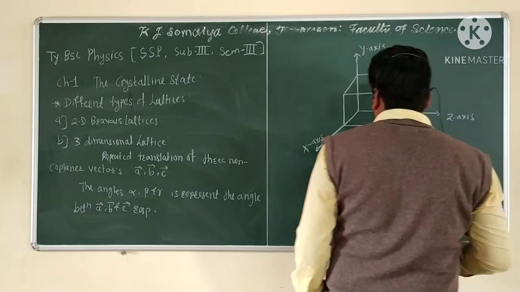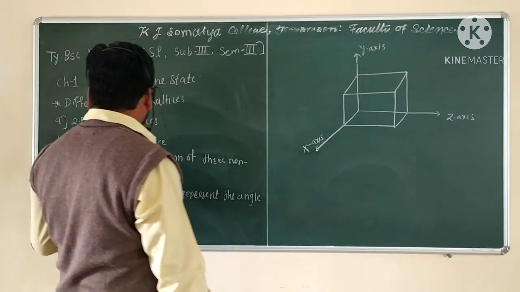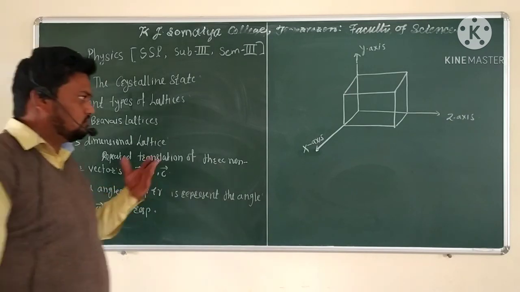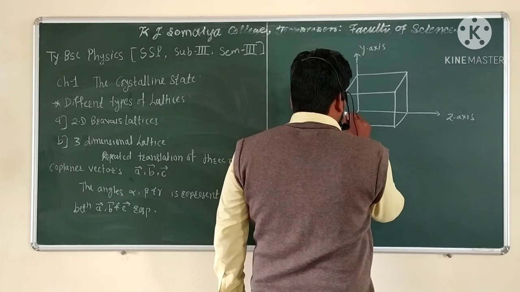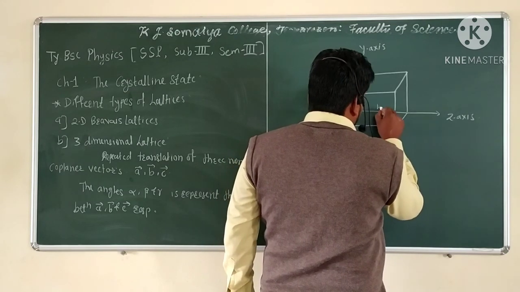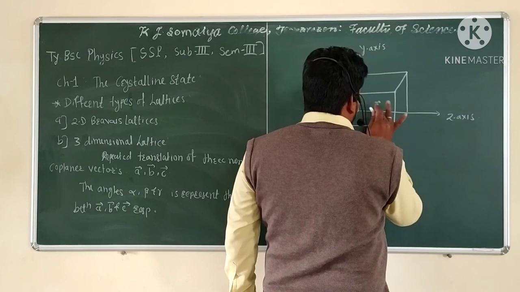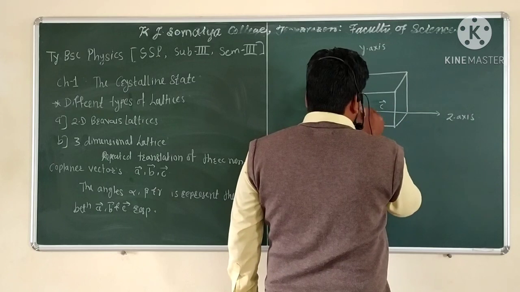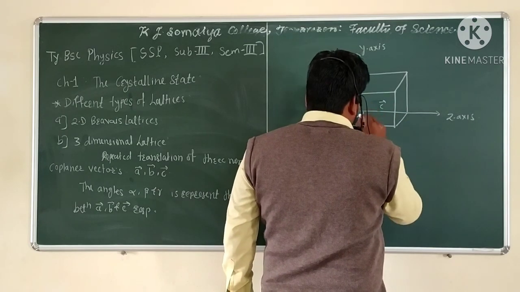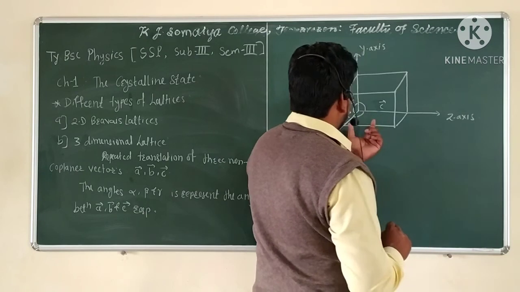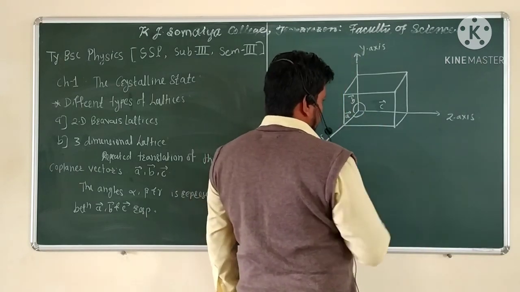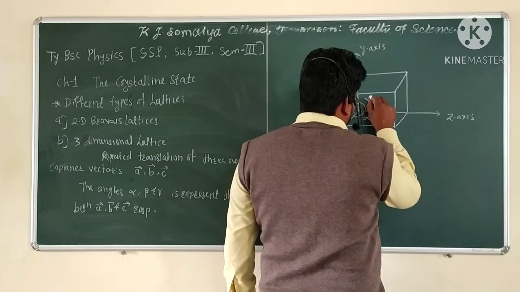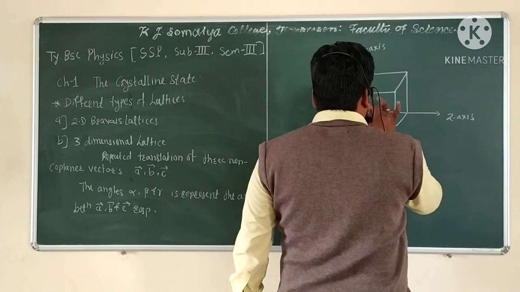Okay, and we have to see here the repeated translation of three non-coplanar vectors. So consider this is vector a bar, this is vector b bar, and this is vector c bar, and the angles between them, for example, this is angle alpha, this is angle beta, and this is angle gamma.